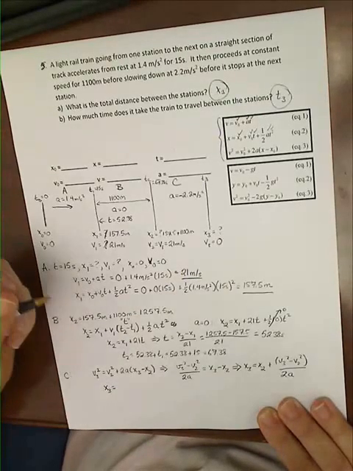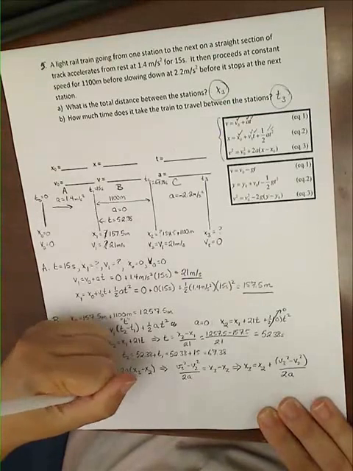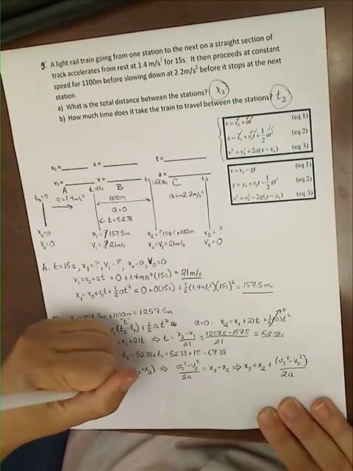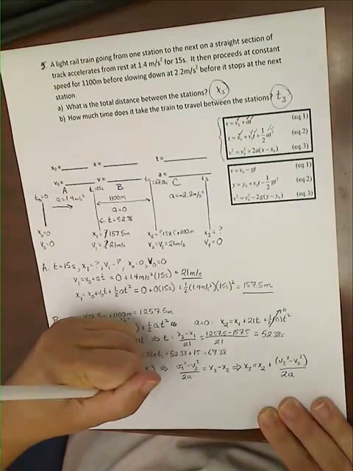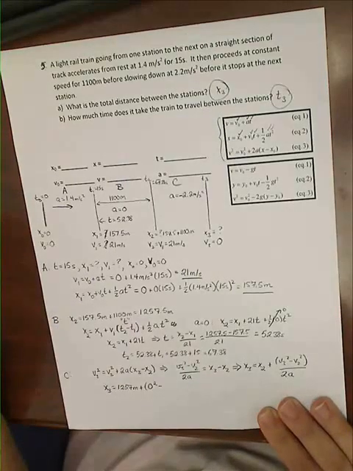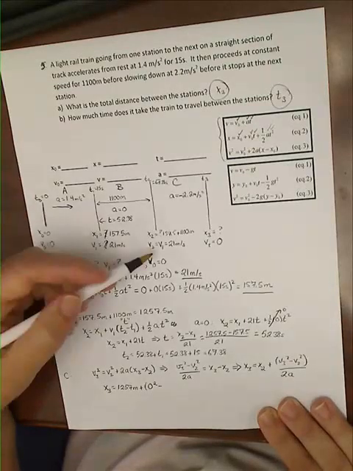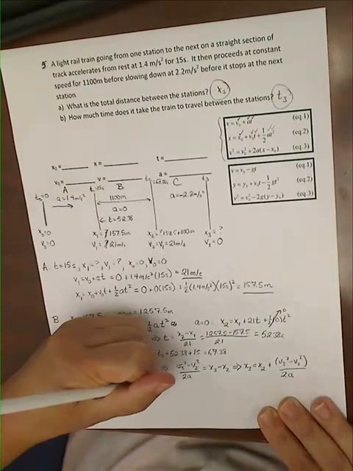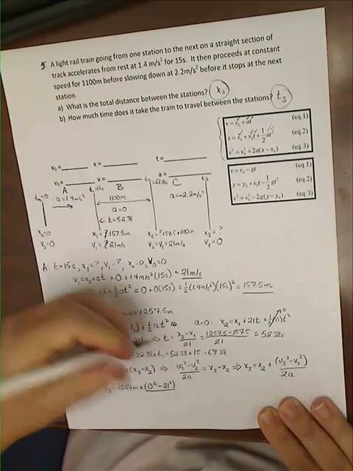x3 is equal to x2. x2 we said was 1257.5 meters. Plus, now I've got v3 squared. v3 is 0. We end up going at a speed of 0. It's at rest. v2 squared. v2 is 21. So you see I've got a negative thing on top over 2a.